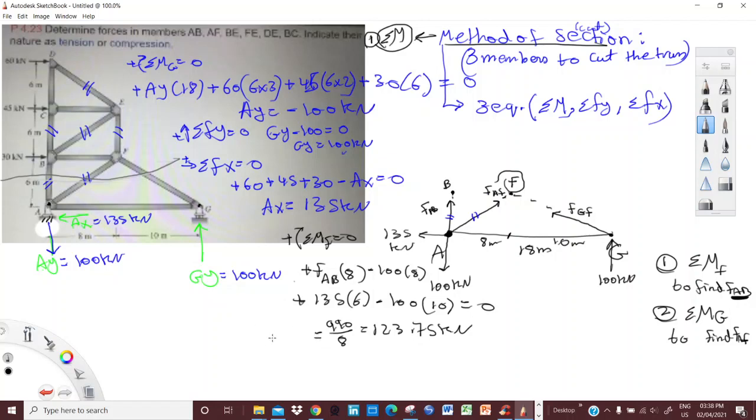So FAB is equal to 123.75 kilonewton, and since it is positive, I will say tension. So I can write it here: 123.7 kilonewton.